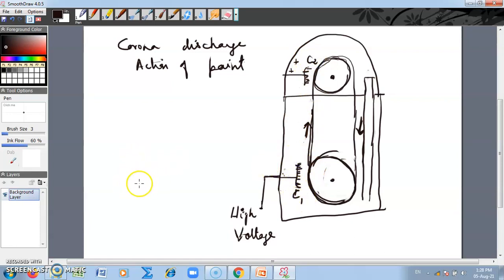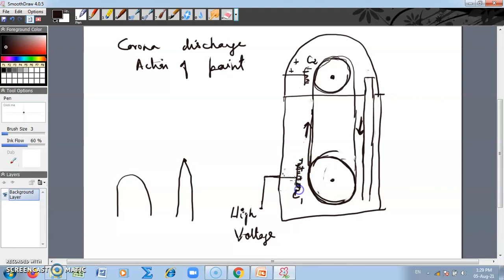I think you know that if I have an object like this and an object like this, accumulation of charge is more at the pointed end, and that is the main principle behind a lightning conductor. So positive charges will collect at the ends of these combs.